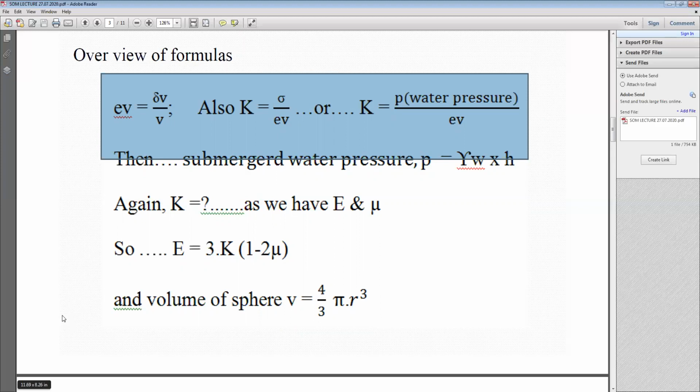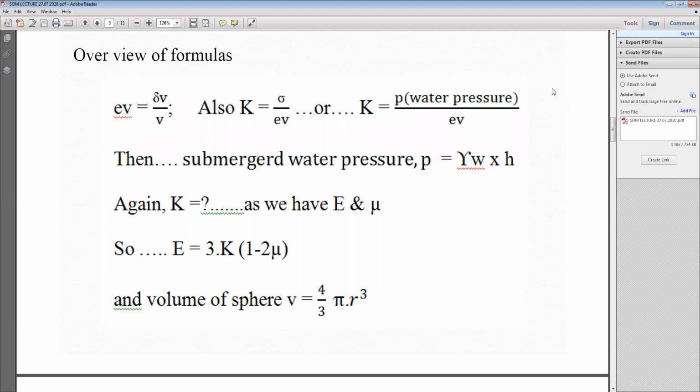Before going into detail of solving, before wasting time thinking about the formulas, we have to first enlist the formulas correlated with the expected outcome. These are the problem formulas I have enlisted here in this PPT. Please write them down in your notebook. Okay, let us start the solution.